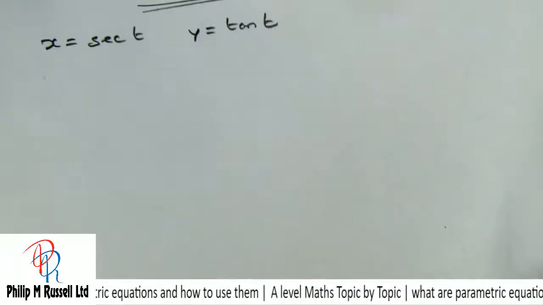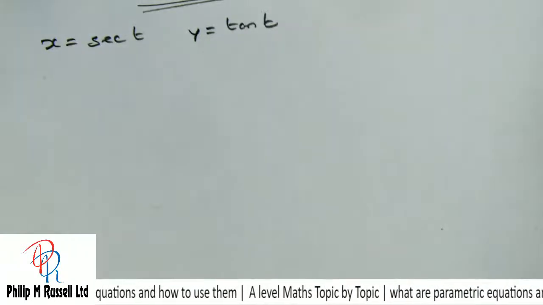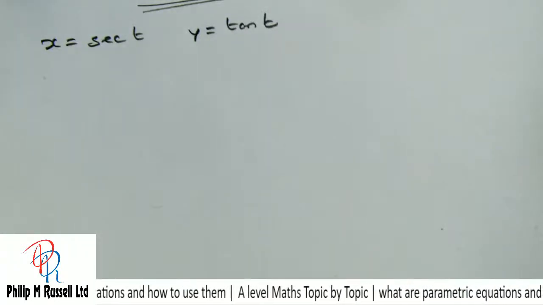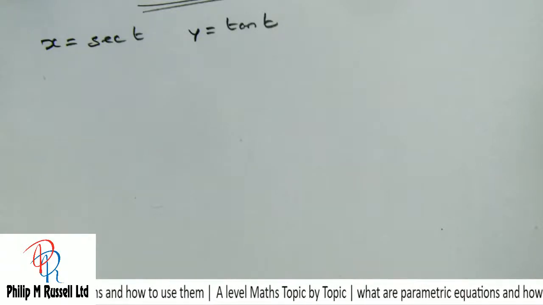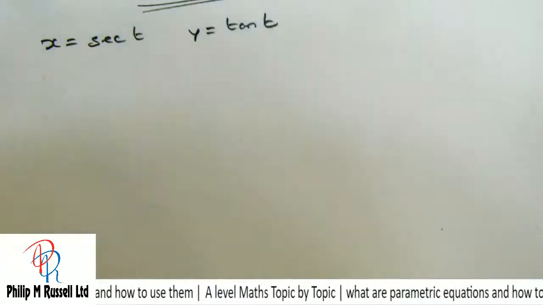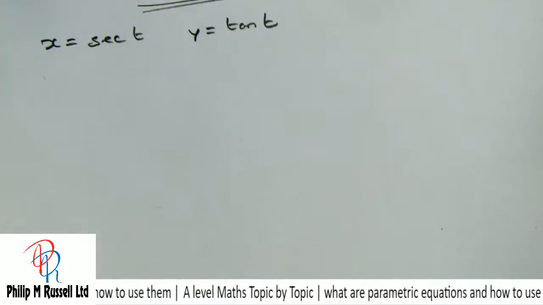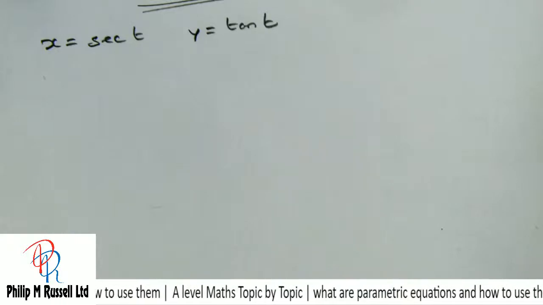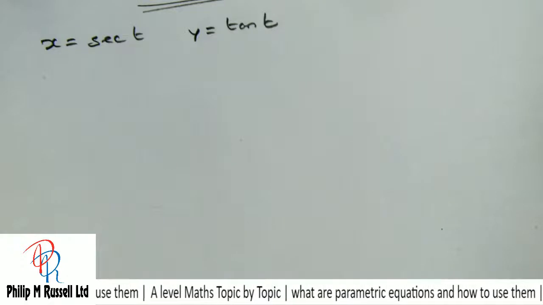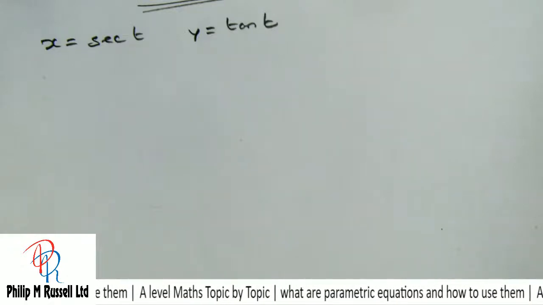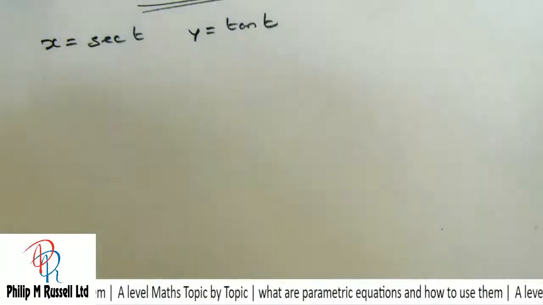Let's have a look at something like this and see what we can actually do with one of these. Right, so where are we going to start from here? Well, probably the sensible place to start is just trying to get these sorted out into something that's a little bit easier to have a look at.